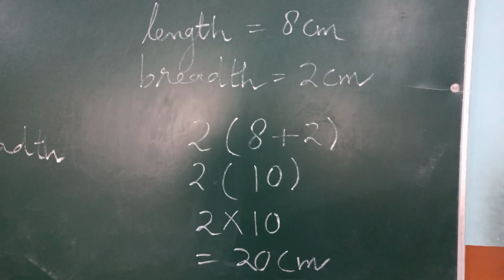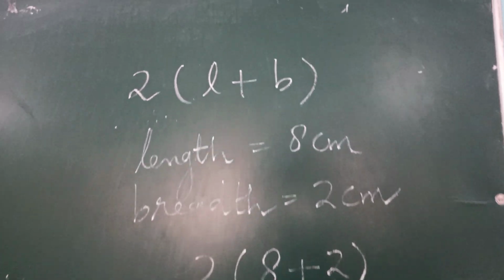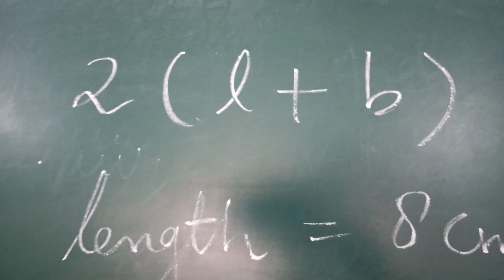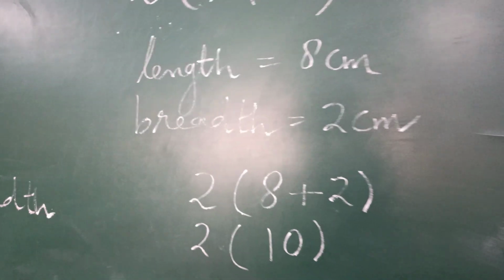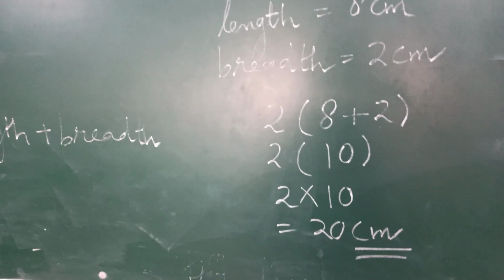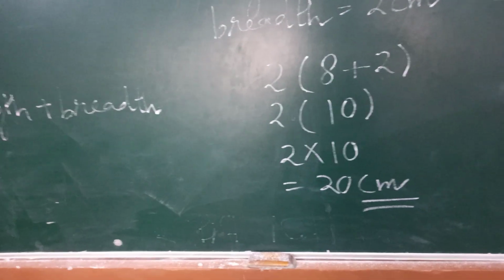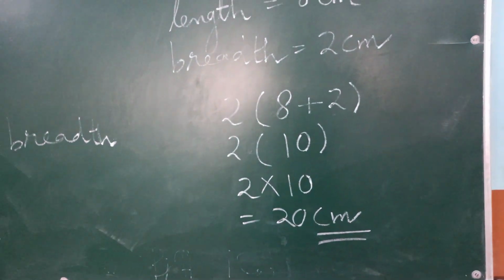Okay. So, simply when we need to find the perimeter of the rectangle, I will use this formula 2(L plus B), and all the time whenever you have the questions to find the perimeter of the rectangle, you will always have the length and the breadth given in the question.